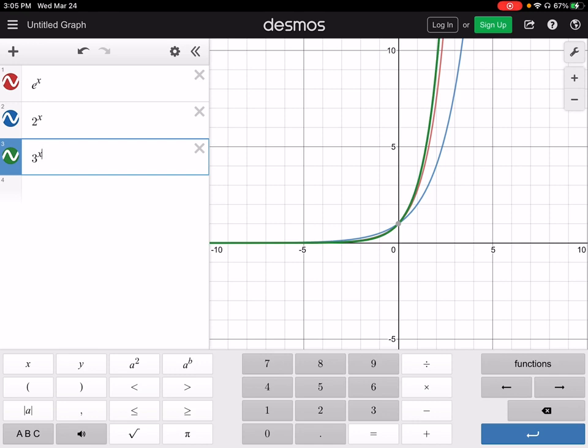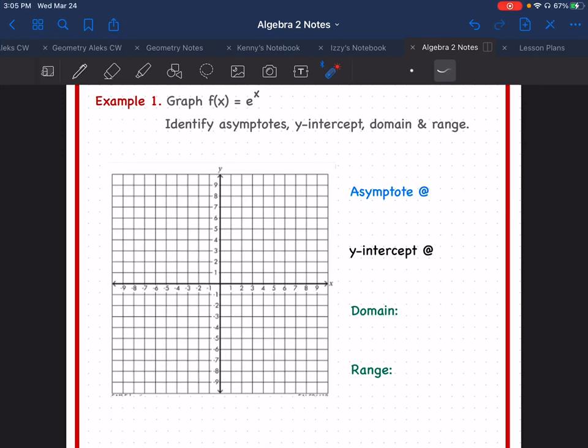So let's go back to our notes, and I'm just going to put in the shape of the graph. And our asymptote is going to be right here at the x-axis, which remember is the equation y equals 0.